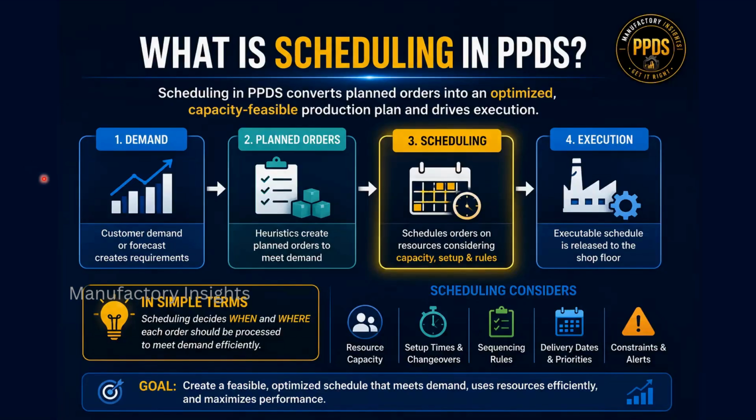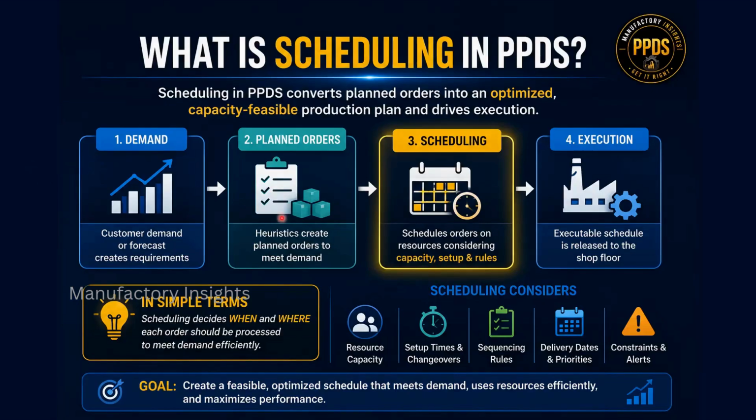Many SAP users confuse planning and scheduling, but they serve different purposes. Planning determines what needs to be produced. Scheduling determines when, where, and in what sequence production should occur. Demand generates requirements.